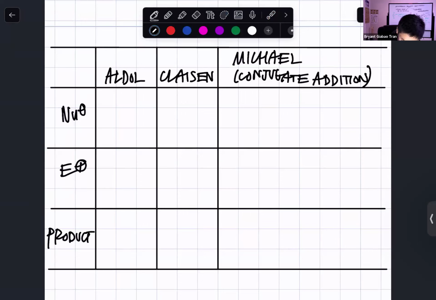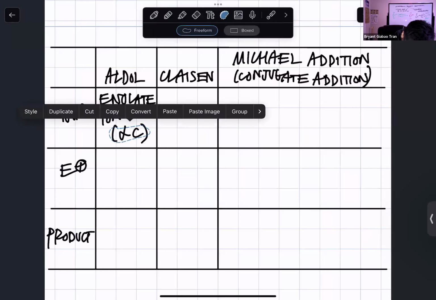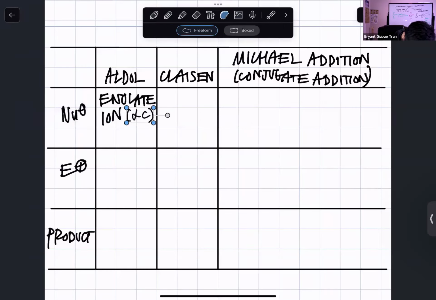For aldol, Claisen, and Michael addition or conjugate addition, all the nucleophiles are going to be the same. It's going to be an enolate ion, more specifically the alpha carbon of the enolate ion. If you have this enolate ion here, the nucleophile would be that alpha carbon right there, not the O minus.